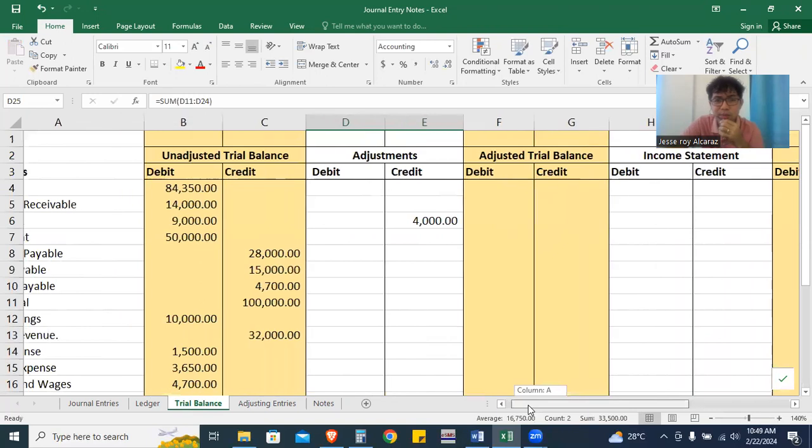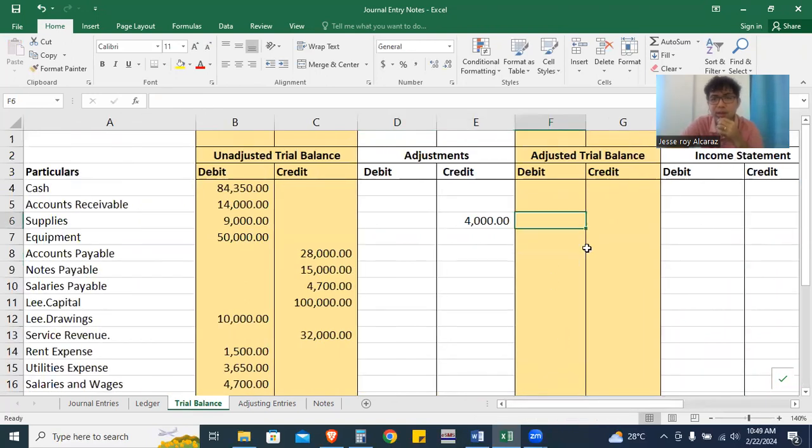So in the adjusted trial balance, what we do here is take the balance in the unadjusted, then plus or minus the adjustment. So if it is debit here and it is also debit in the adjustment, we just add them up and then put the amount in the adjusted trial balance.